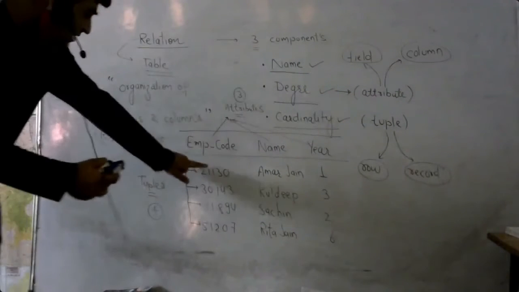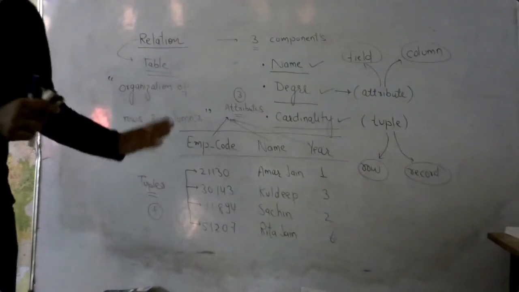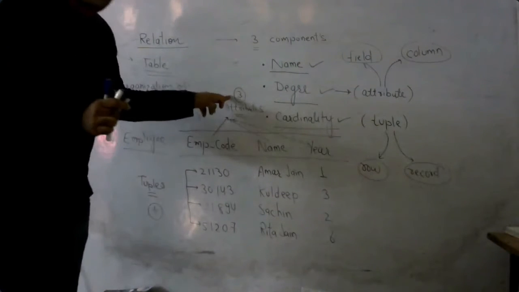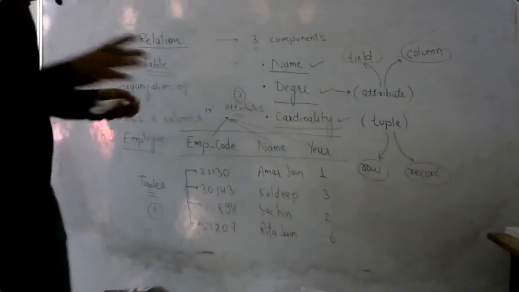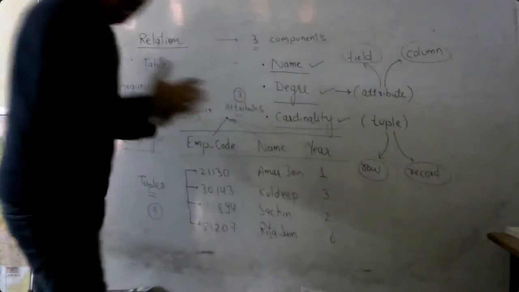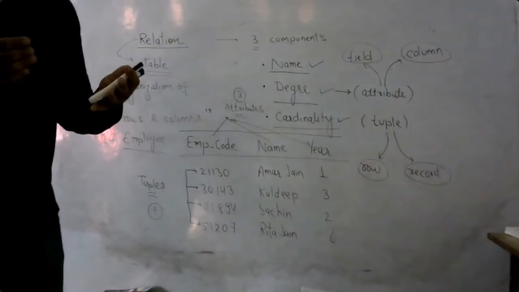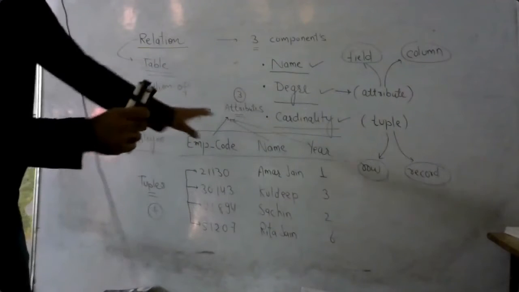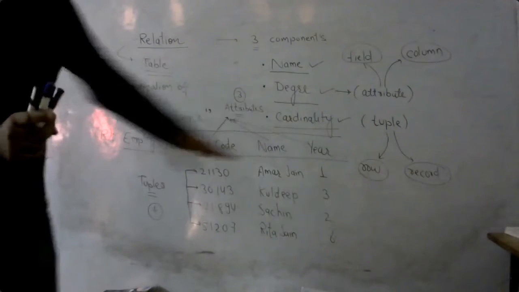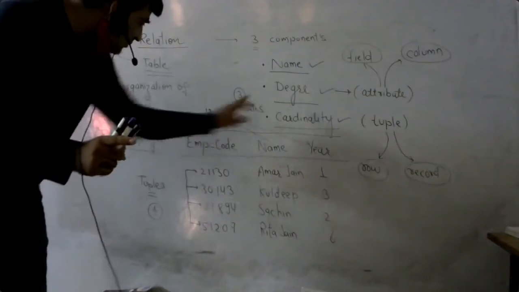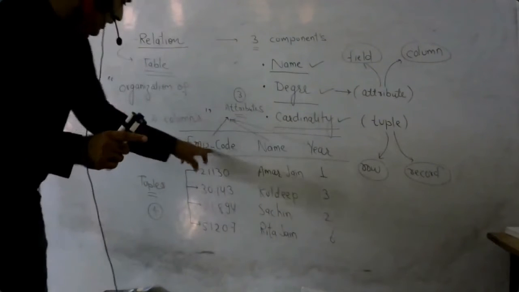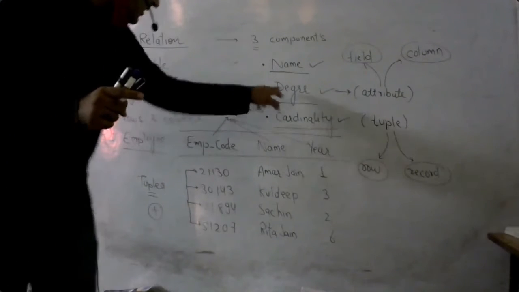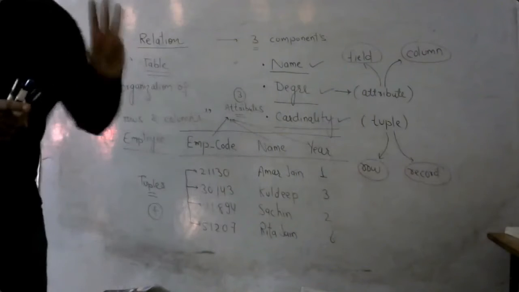So what is the degree of this table? If I ask you what is the degree of this table, means number of attributes. How many attributes are there? 3. So therefore, if we talk about an examination, there will be a relation in front of you, and they might ask you what is the degree of this relation. So you need to count the number of columns or fields or attributes. 1, 2, 3. So what is the degree of this relation? 3.